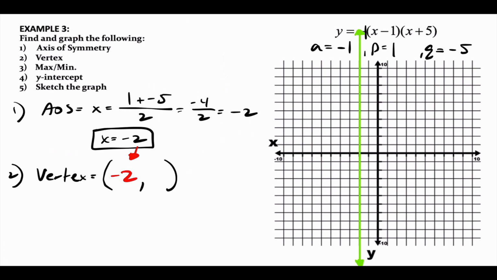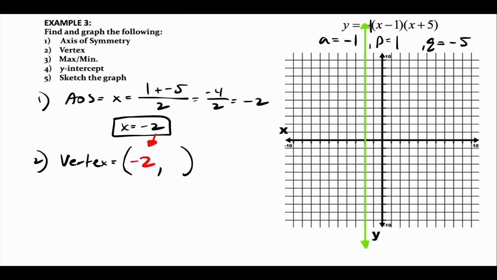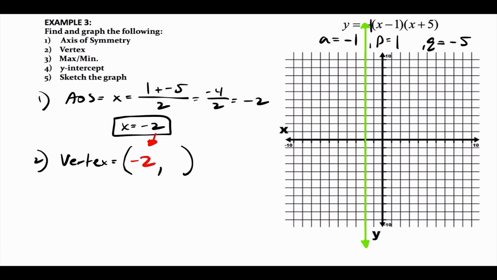Everywhere I see an x, I'm going to plug in a -2. -1 parentheses, -2 -1 parentheses, -2 plus 5.